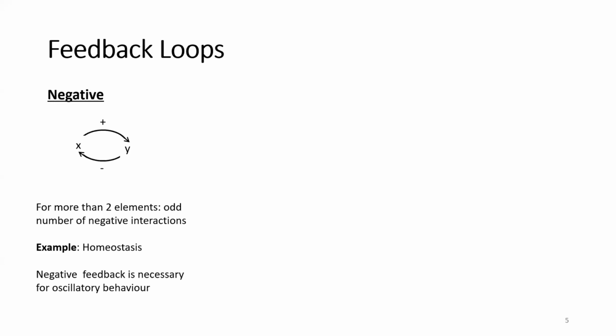For more than two elements, an odd number of negative interactions in general results in a negative feedback loop. An example of this is homeostasis, where animals keep temperature constant, sort of like a thermostat, which oscillates around a fixed temperature. It's known that negative feedback is necessary for oscillatory behavior, not just in biological systems, but systems in general.